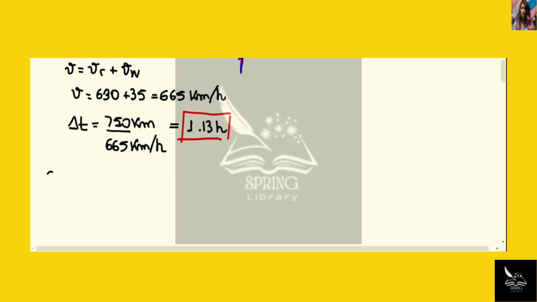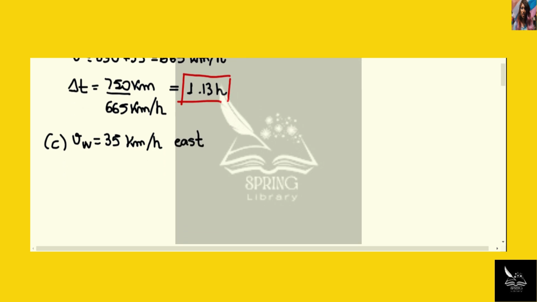In question C, we have to consider that the wind is now blowing east. So it's 35 kilometers per hour to the east. Notice that now the wind is blowing in this direction, but the airplane still has to head north, okay, relative to the ground.